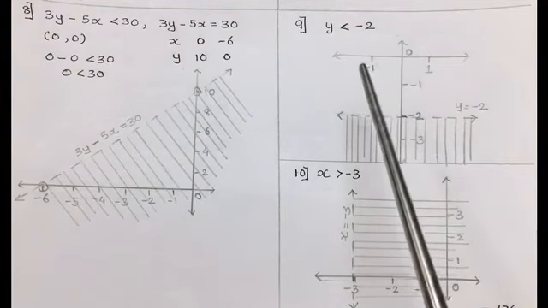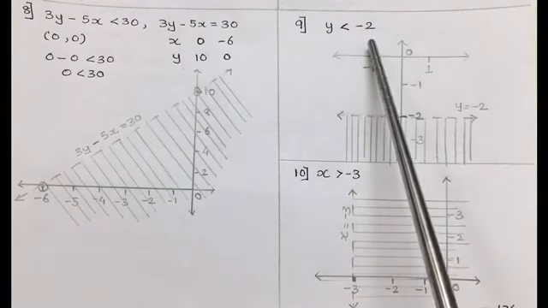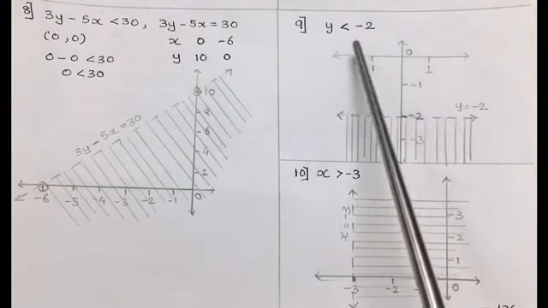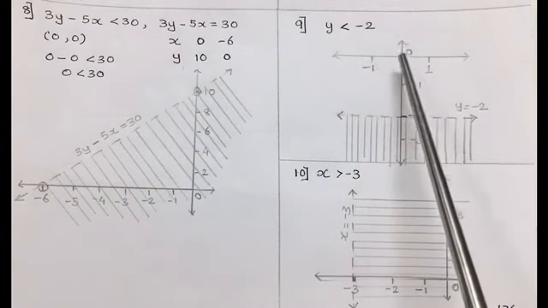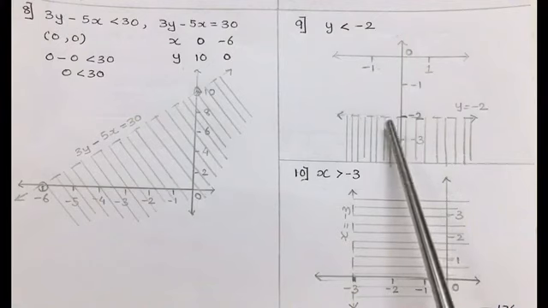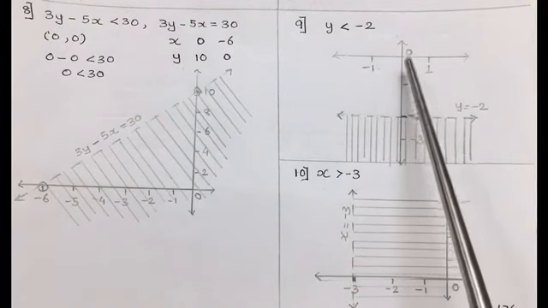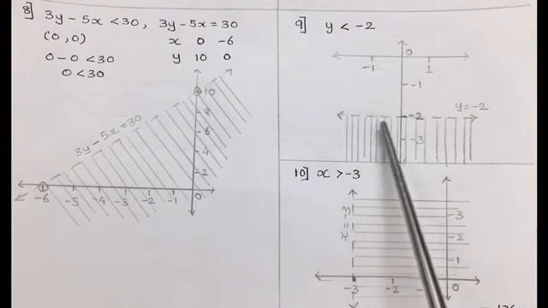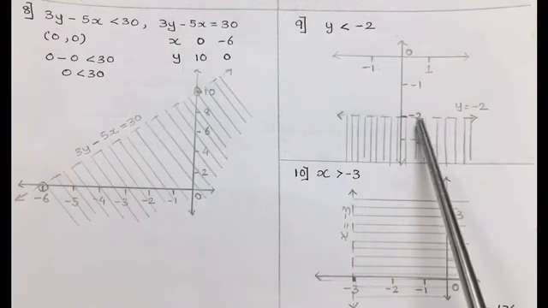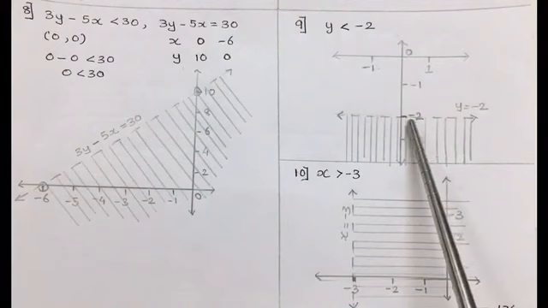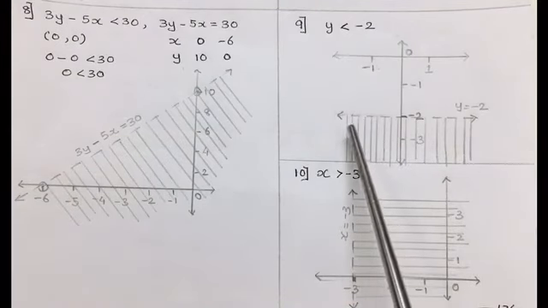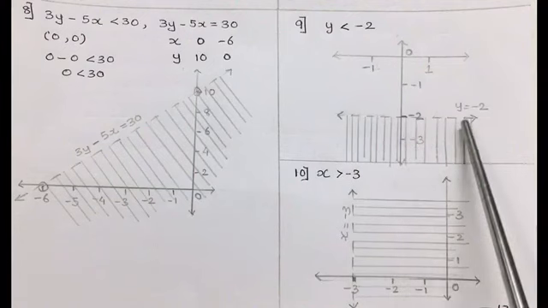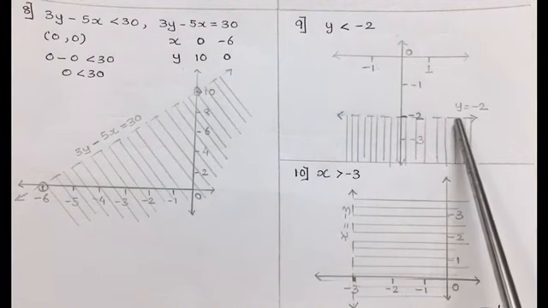Ninth is y is less than minus 2. So as minus 2 is there and y is less than minus 2, then on the y-axis plotting minus 2, a dotted line will pass through it, passing through minus 2 because the equality sign is not there, and that line will be perpendicular to the y-axis.